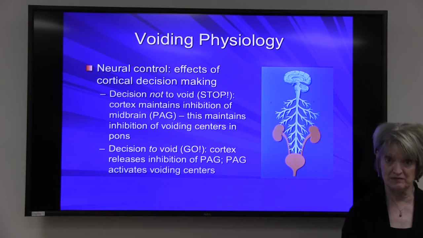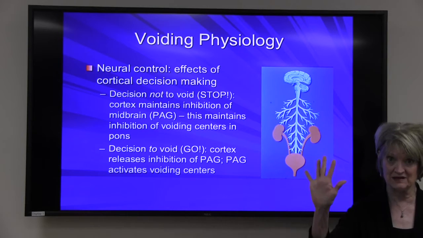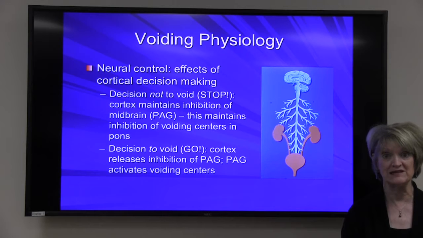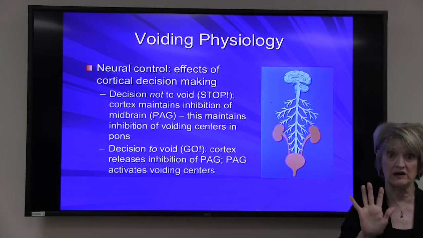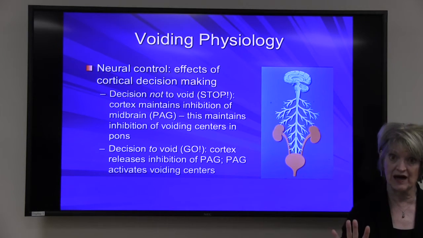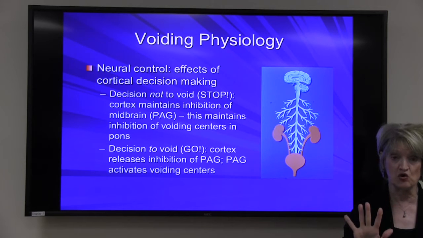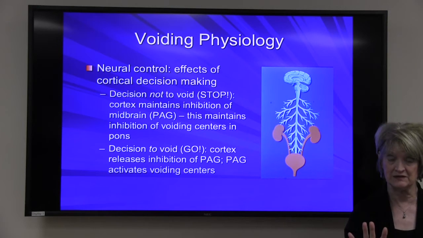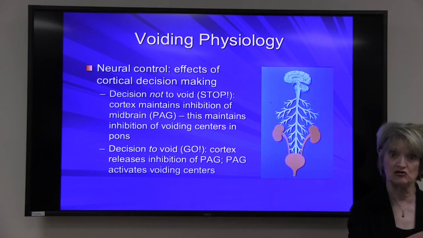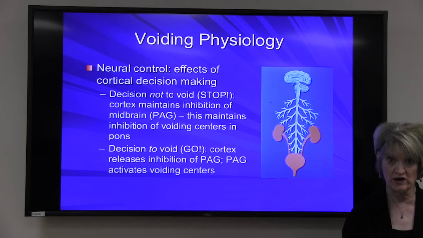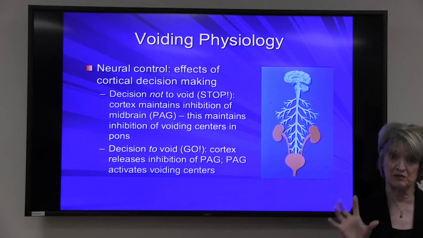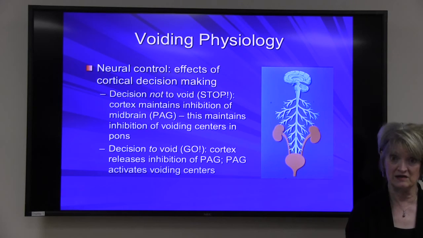If the decision by the cortex is no, you should not void at this point in time, if it's a stop sign, then the CEO says to the midbrain, no, do not let the bladder empty. Keep storage mechanisms in place. The PAG in turn turns around and says to centers in the pons, no voiding. Continue to maintain the bladder in storage mode and the sphincter in closed position.